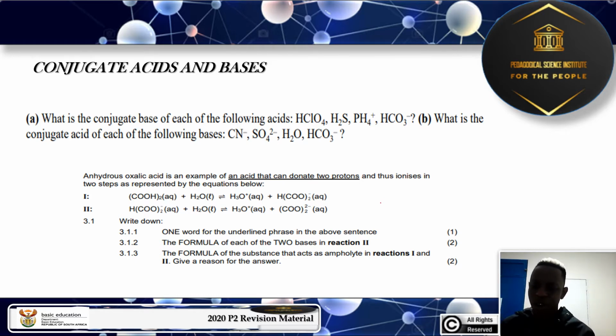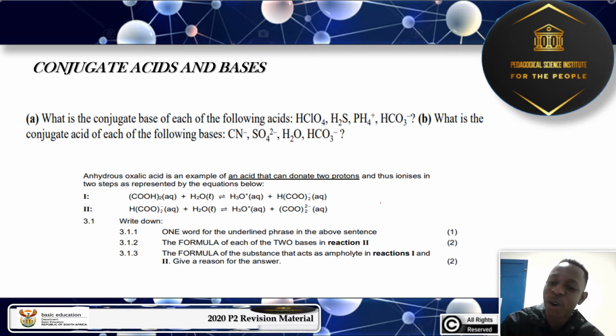It's simple. We are going to apply Lowry-Bronsted theory. Lowry-Bronsted theory is the one that is going to say this one is the one that you are looking for. The only thing that we know about Lowry-Bronsted theory is that bases accept. So let us look at anyone that has accepted here. Okay, we have HC2O4 minus. Let's go over the equation.